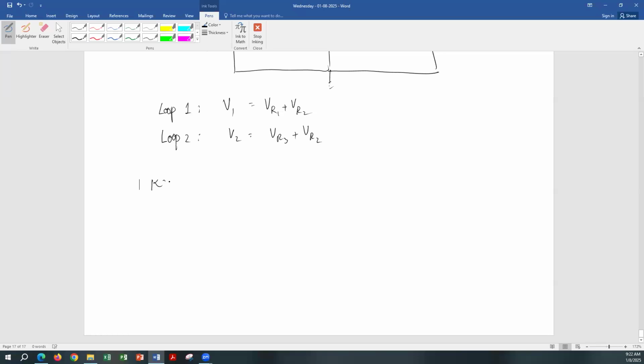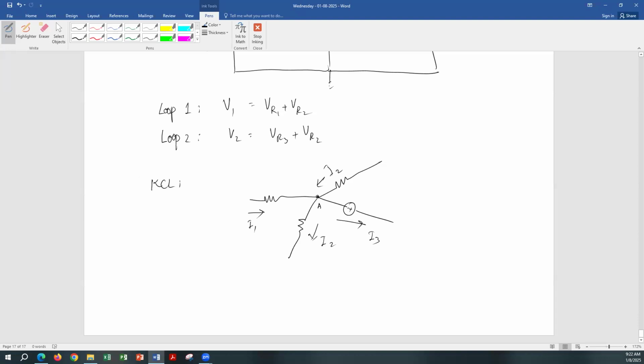Likewise, KCL. Anytime you have a node with a bunch of things connected to it, and you have multiple currents either coming into or going out of that node, how are you going to write the equation according to KCL at node A?